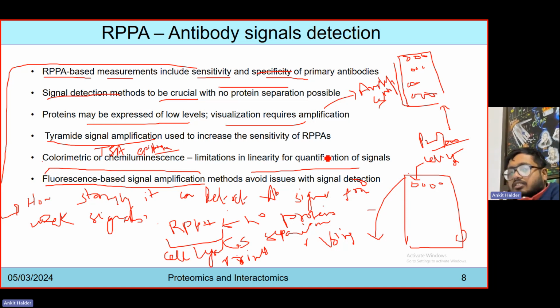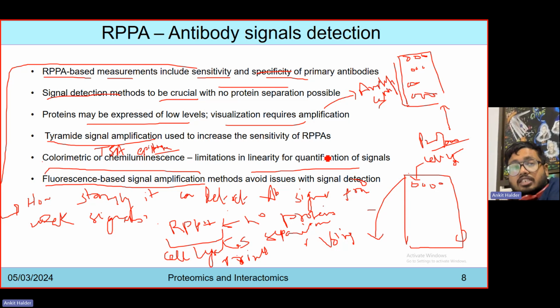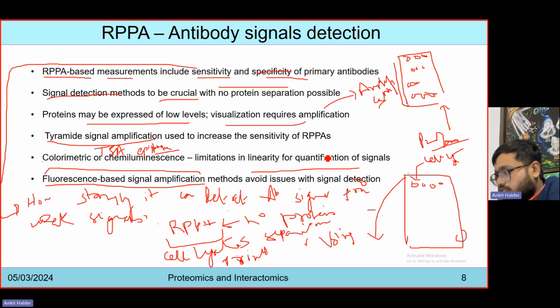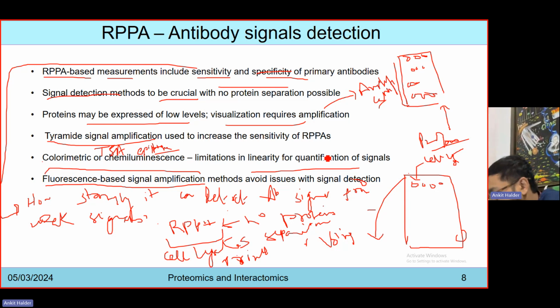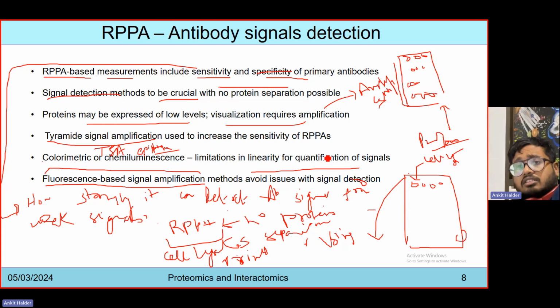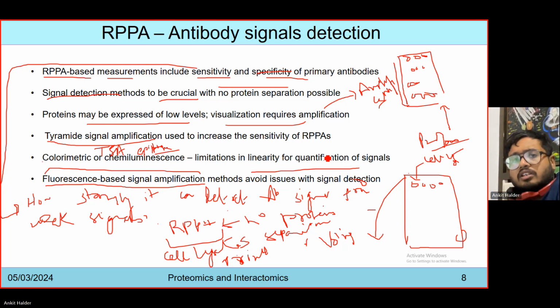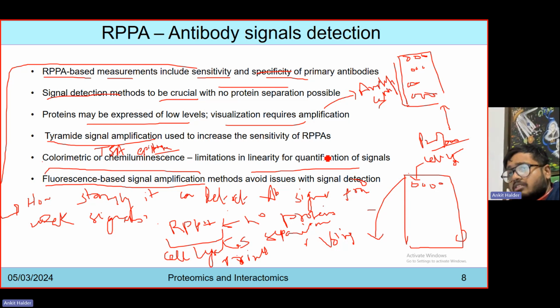So again, if I just summarize for this slide, the major important thing, which I think you have understood from the experimental setup, is that if we are bringing out this kind of experimental setup, then we should definitely give a thought to having a robust antibody.